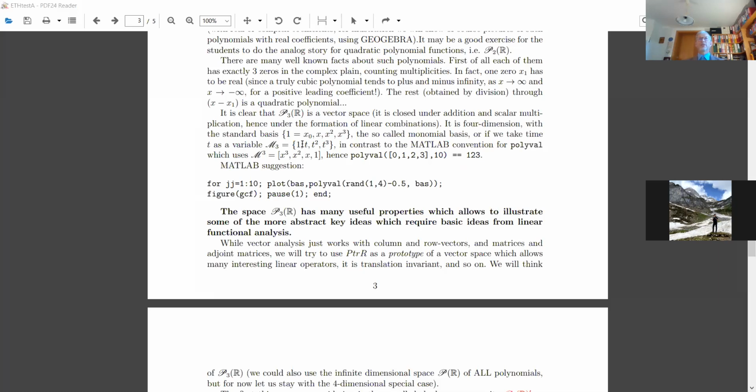So you see here, the standard way for mathematicians would be we start with constant 1, which actually should be x to the power 0, not x sub 0, sorry, I will correct this. And then you take x to the power 1, x to the power 2, x to the third. So you take the monomial basis in increasing order. This is how the monomials would be described in mathematics.